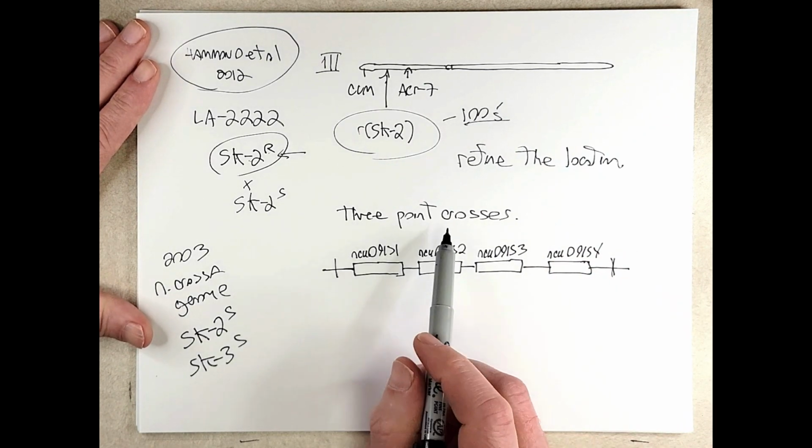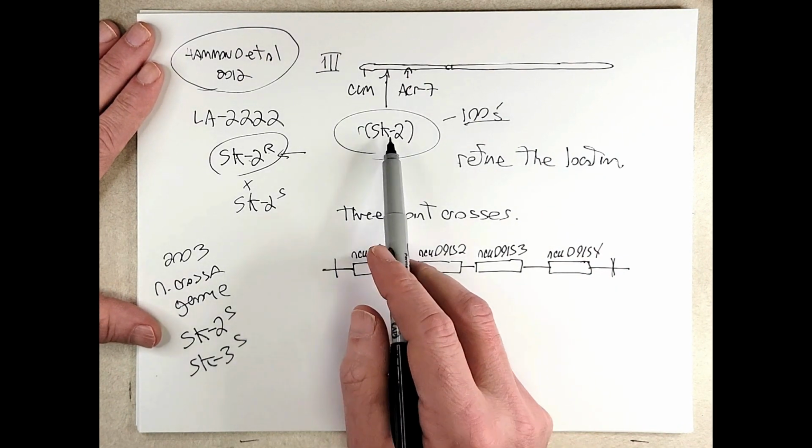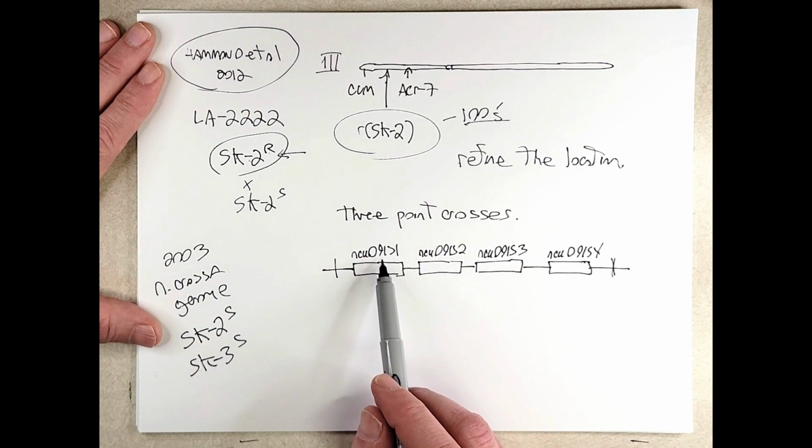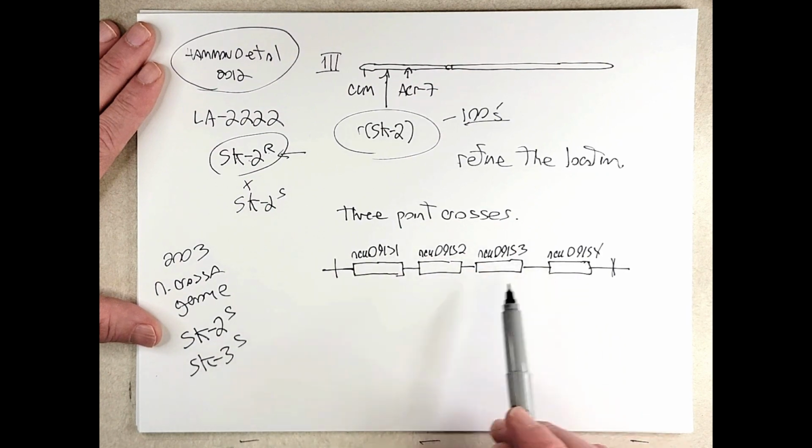Okay, so the 3-point crossing data suggested that what was previously known as RSK2 might be one of these genes in here.